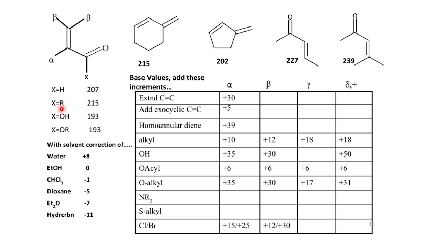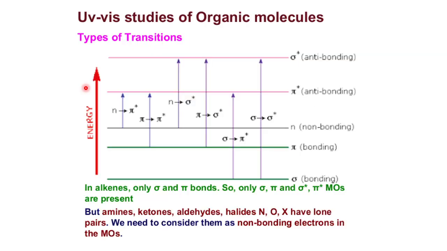If I am substituting hydrogen with an alkyl group, it is increased. But if I am substituting with a hydroxyl, it is reduced. That is because of the change in the electron density or the energy level of the pi bond. Because in the case of OH, as oxygen has an electronegative effect, it will reduce the electron density of the pi bond.